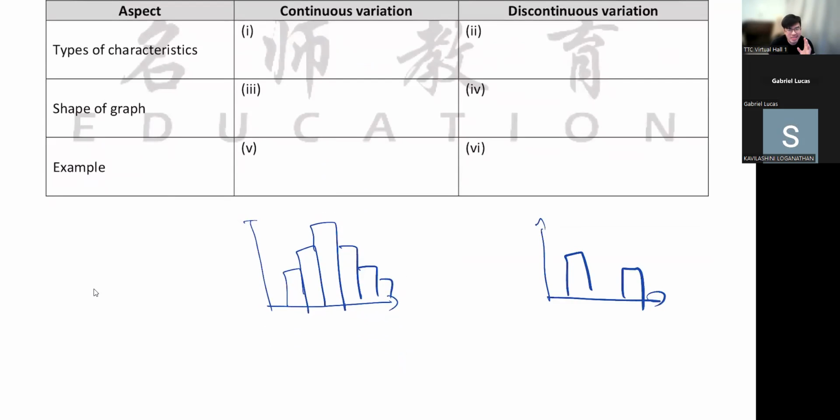Right, so you see, some of my students are still confused by this. Let me put this in a very simple term. You know your phone setting? Your phone has all these settings when you pull down the notification like this. So continuous variation is like your brightness. It's like your volume.